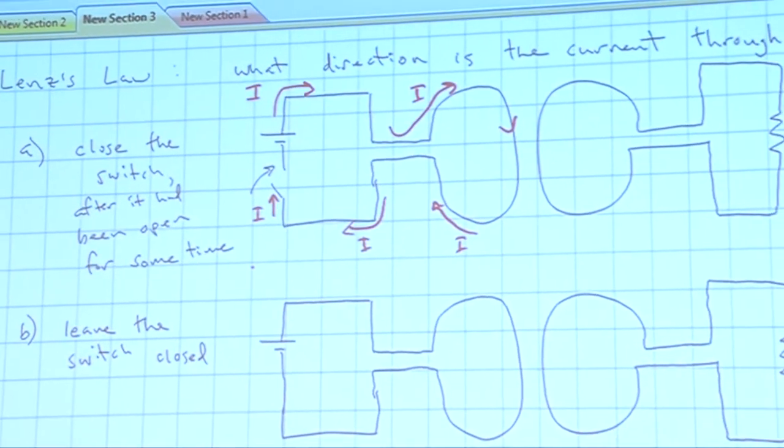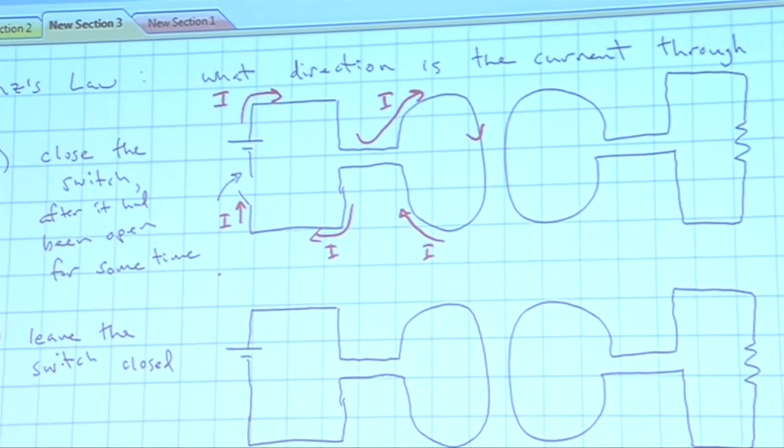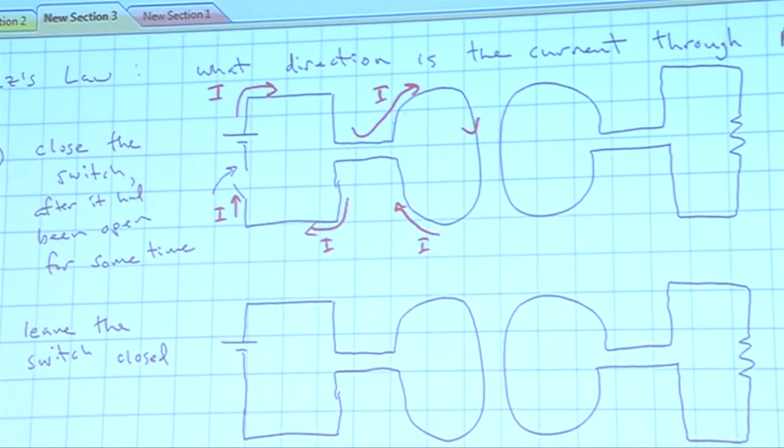So what happens? That loop of wire acts like a magnet, right? Everywhere inside that loop of wire, what direction is the magnetic field? Into the page.